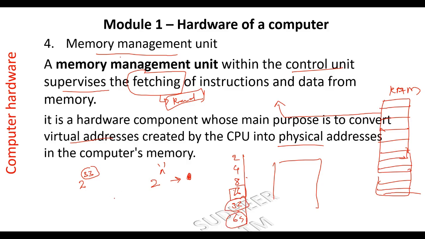But unfortunately, my processor has 33 address lines while the memory has only 32. So with 2 raised to 33, I will be able to accommodate that many memory locations, say 128 kilobytes of memory. Physically it is not available, but virtually it is available in the range of 2 raised to 33.